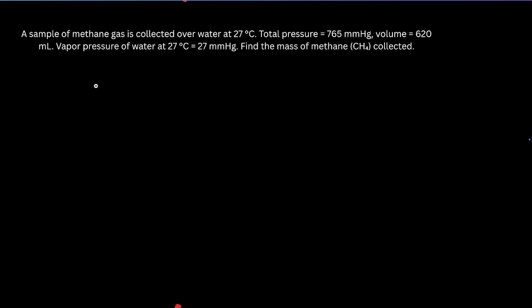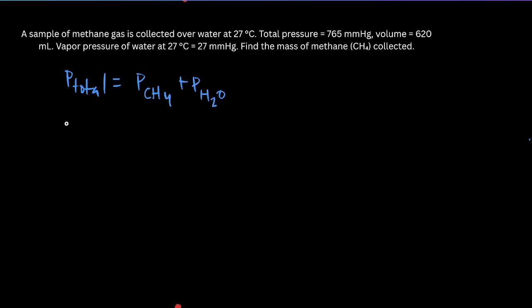Alright, let's start again, like we always do, with our total pressure and isolating to find the partial pressure of methane alone. Well, we know that our total pressure is equal to the pressure of our methane gas plus the pressure from our water vapor.